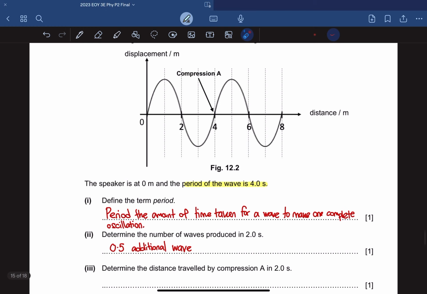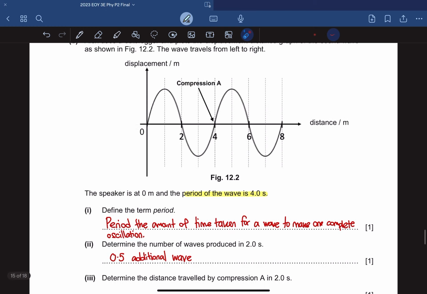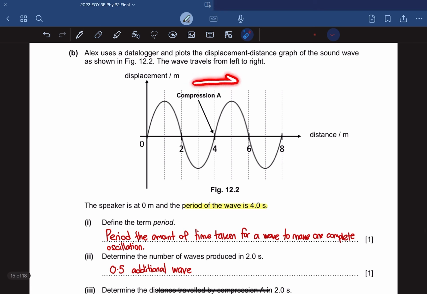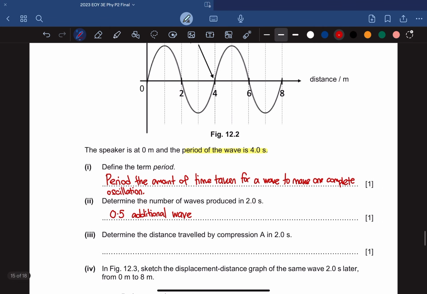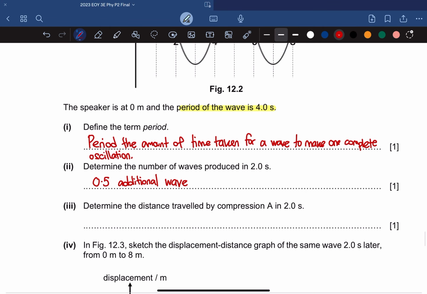We know that a sound wave is a longitudinal wave, and since the wave is traveling from left to right, compression A will originally be here, and 2 seconds later it will travel half a wave cycle to this point over here. So for b part 3, the distance traveled by compression A would be simply 2.0 meters.